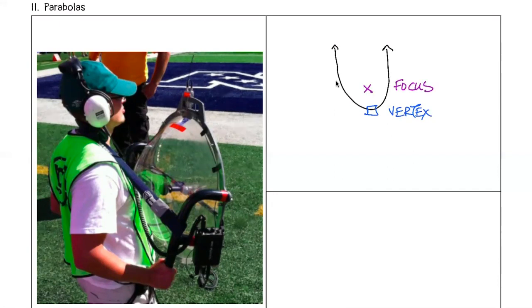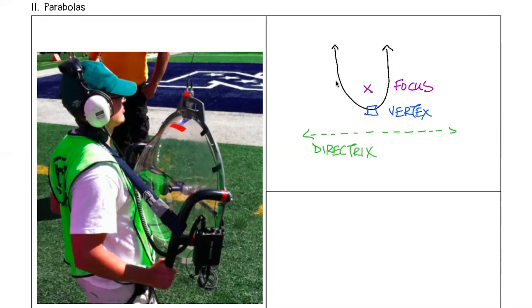So it's not foci, there's not more than one of them, there's just one focus. And there's one vertex. And then there's another feature, which is a line called the directrix.